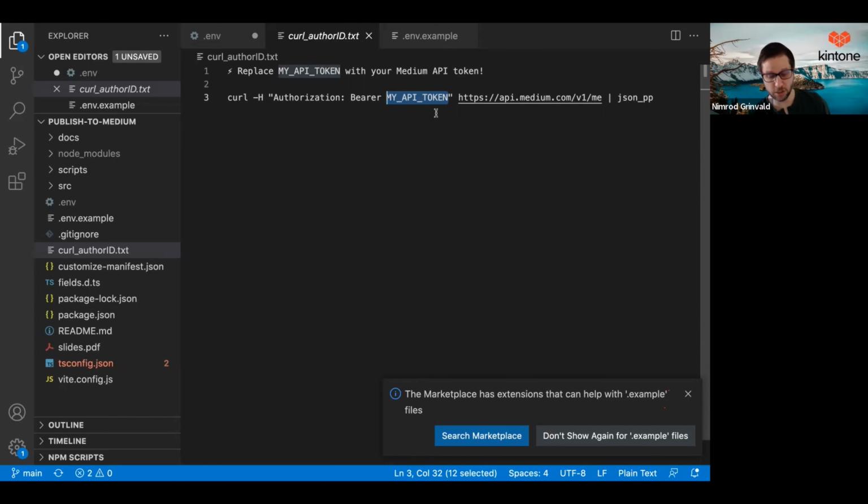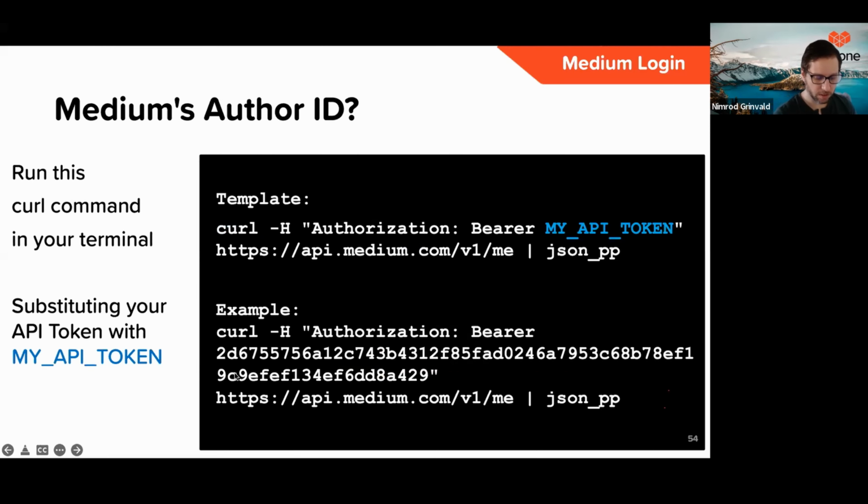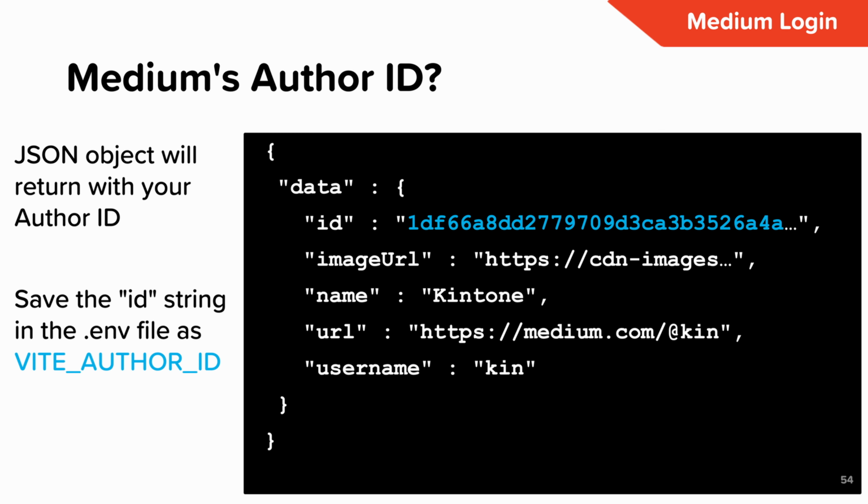And then you're going to copy this whole bit and paste it and run it in your terminal. And when you do, the command will look something like this example. And the result will look something like this result.